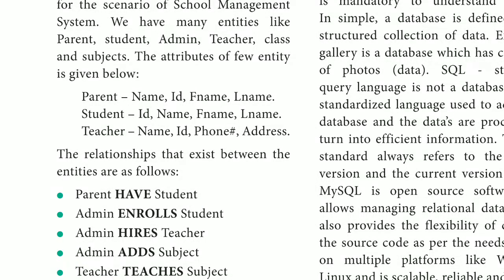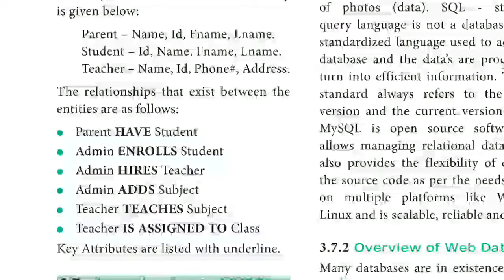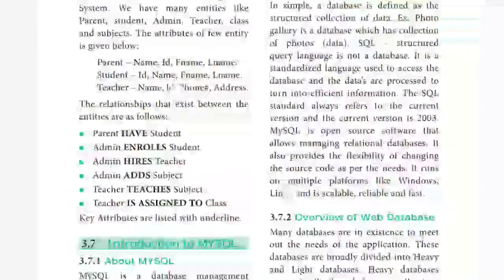Teachers also have name, ID, phone number, address, everything. Parents have students, admin enrolls students, admin hires teachers, admin adds subjects, teachers are assigned to a class. These are all the works of the admin and the relationships between them.